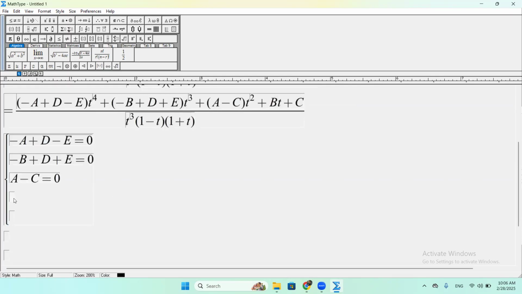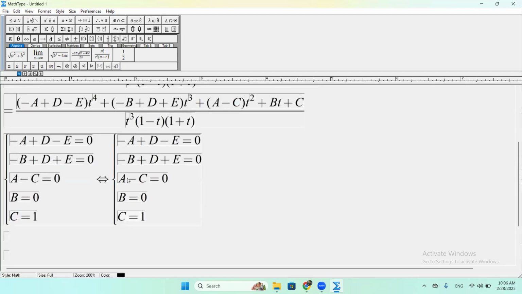So b equals 0, nice, and c equals 1. So we already know the value of some variables. So now let's continue finding all the variables.